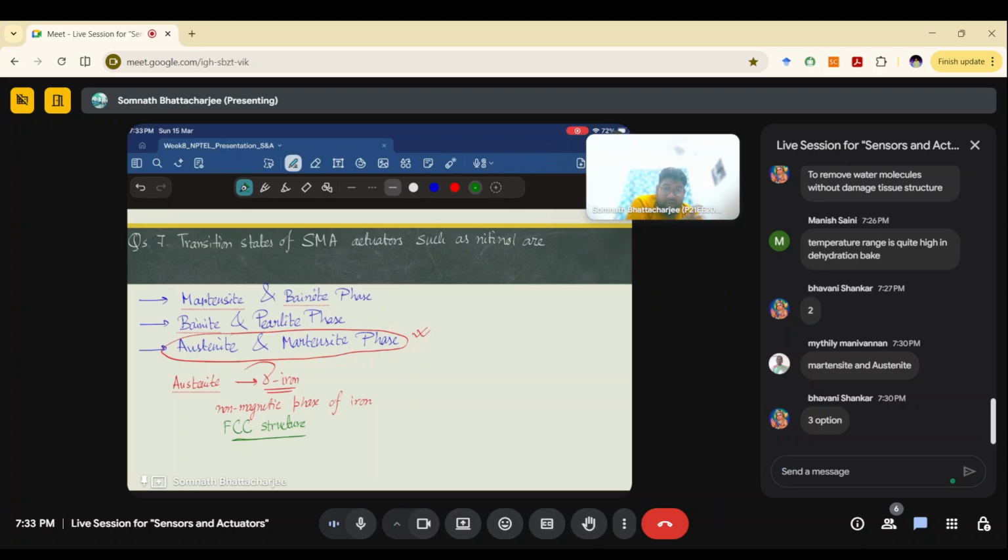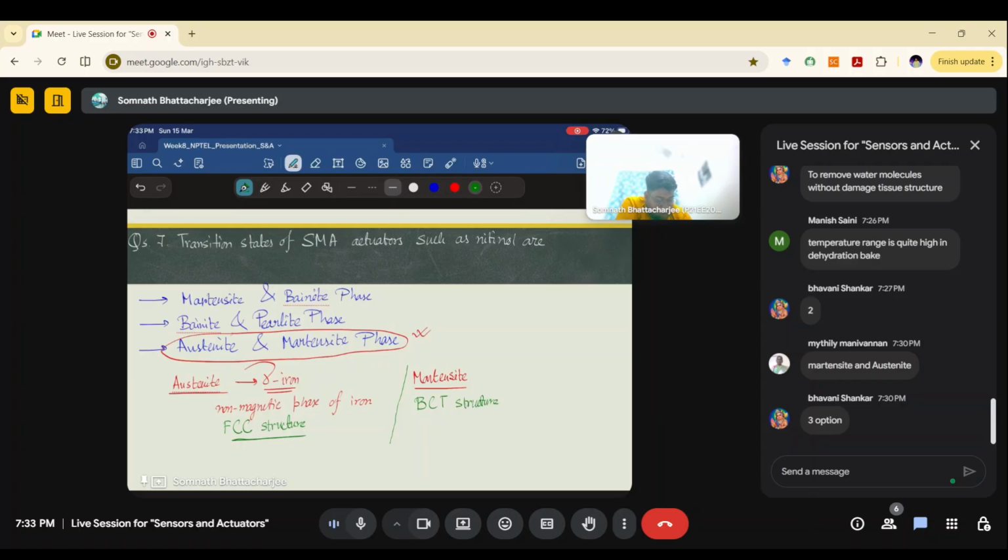So it is in a face centered cubic structure where it doesn't have any kind of magnetic phase, right? In contrast to that, the martensite phase is in a BCT structure.